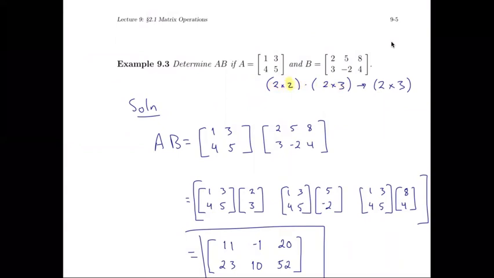If the inner dimensions match, it means that these two columns here will match the number of rows that are here. So imagine we're going to try to take A times one of the column vectors of this matrix B.